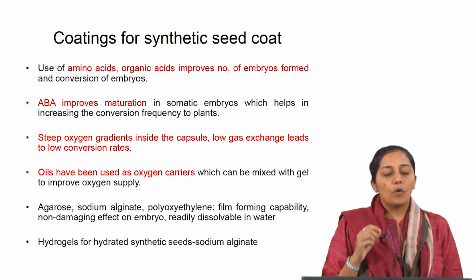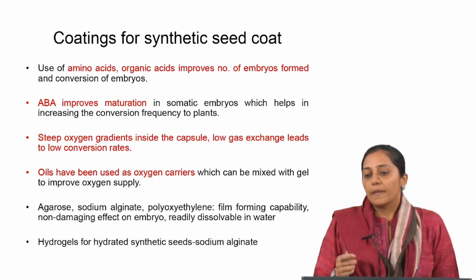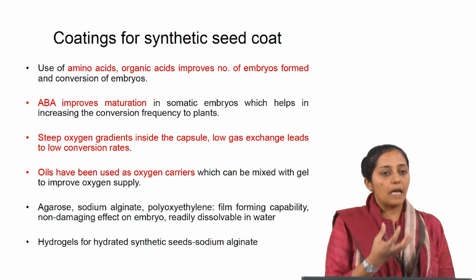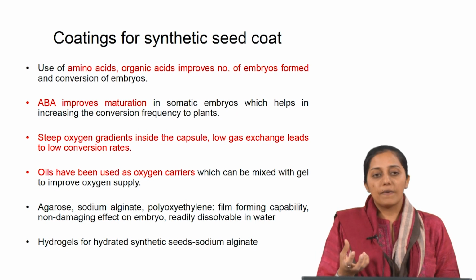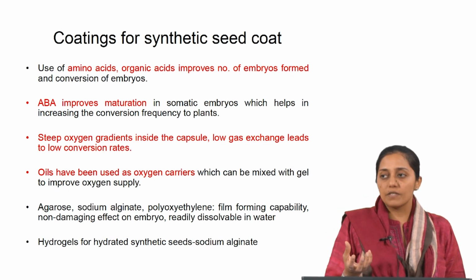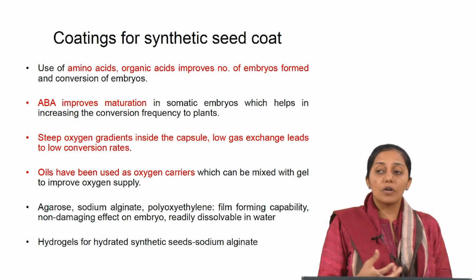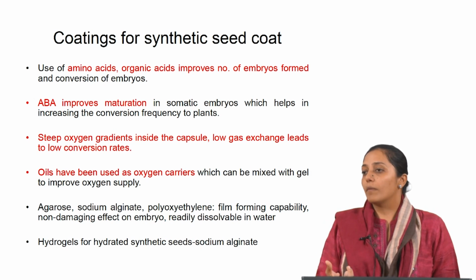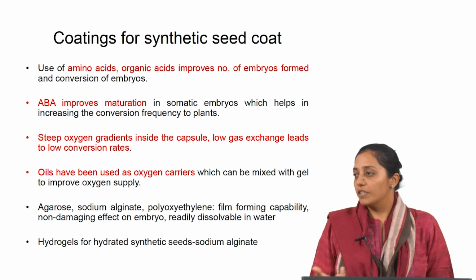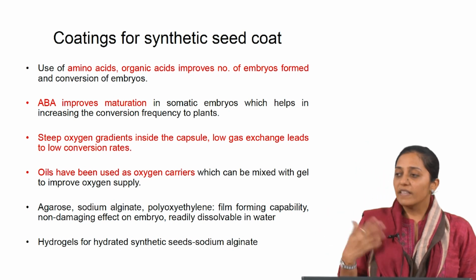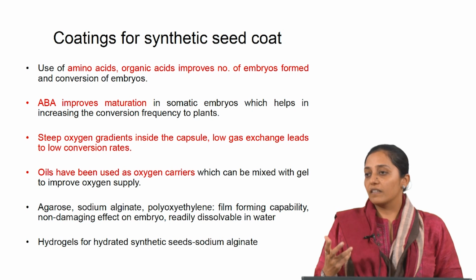Now, another factor which can affect this is oxygen concentration. If the seed becomes encapsulated, there is a high chance of mass transfer limitations, and the factor that becomes mass transfer limited is oxygen, because oxygen is sparingly soluble. Steep oxygen gradients have been found to limit somatic embryo regeneration. So, as in fermentation technology, oxygen vectors are used.